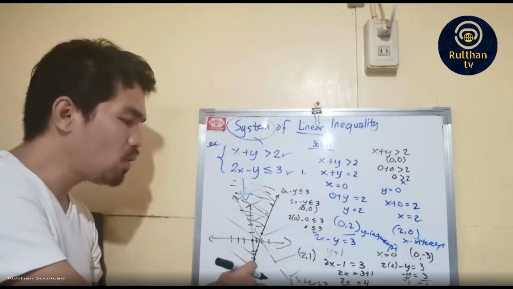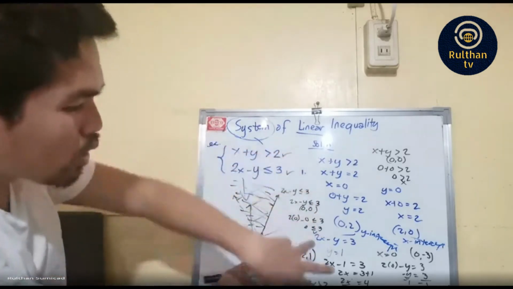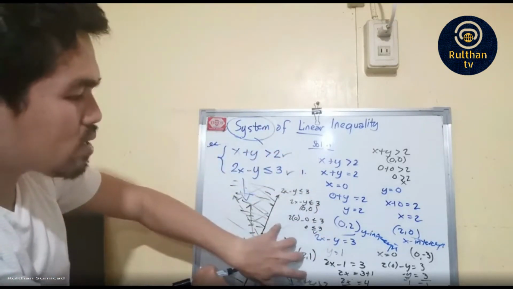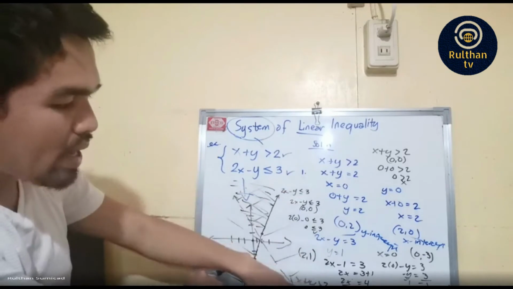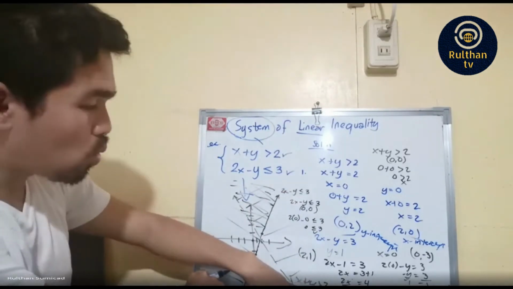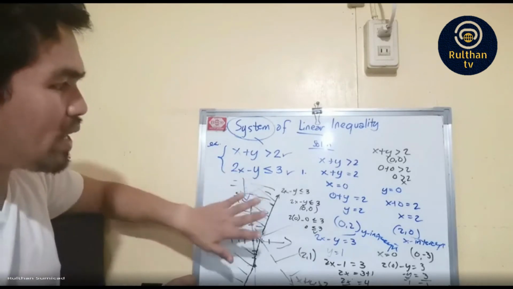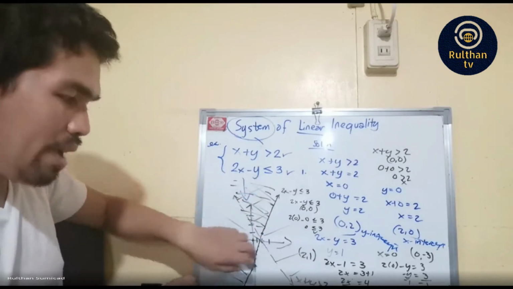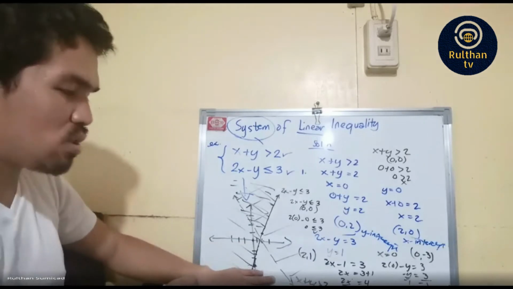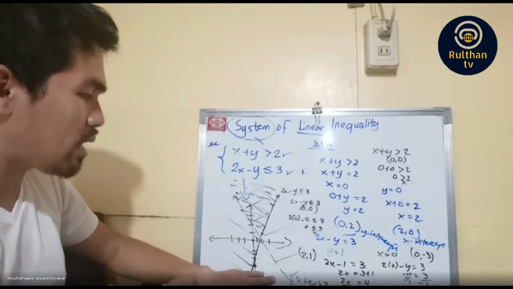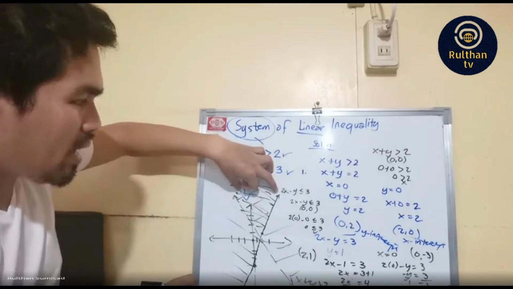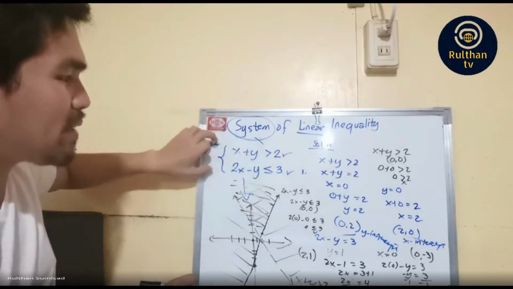Although this region is a solution only for x plus y greater than 2, and this one is only a solution of 2x minus y less than or equal to 3, and this region here is no solution at all to any of the inequalities, if I pick this area here, it will surely satisfy the system.